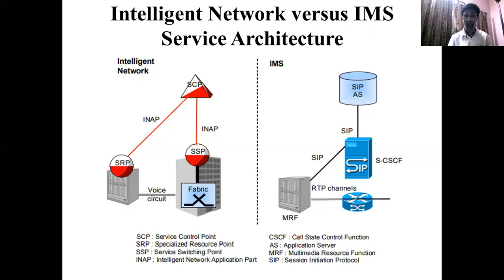Next, MRF, multimedia resource function, is a network element whose sole purpose is the processing of media streams, also known as RTP streams, for network-based services. Media stream processing includes functions such as playing announcements, collecting DTMF digits, etc. The MRF corresponds to the SRF of the intelligent network.